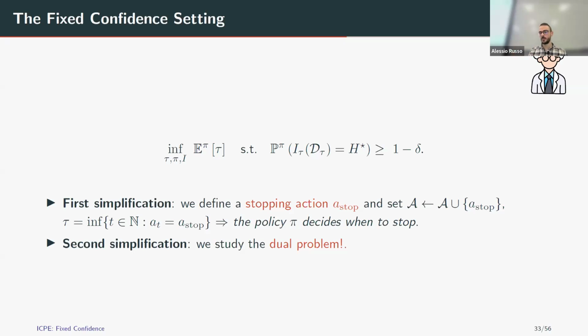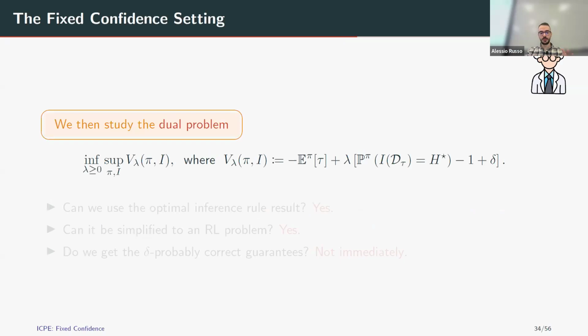So we're going to study a dual problem because when we study the dual problem, we can define the reward function. It's interesting to understand if there is some gap. If the duality gap is 0 here, is something that we still don't know. But when we look at the dual function, it comes very natural to define what is the reward.